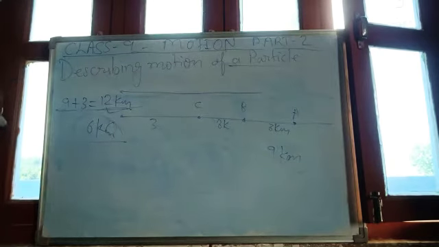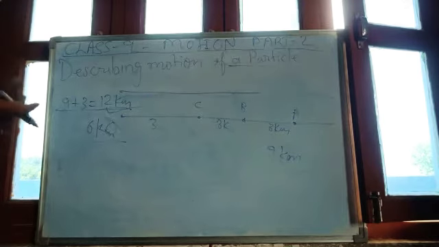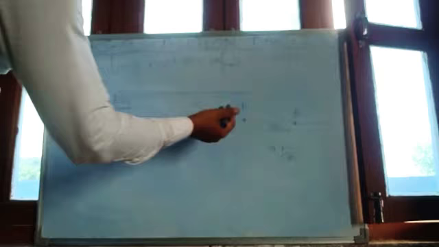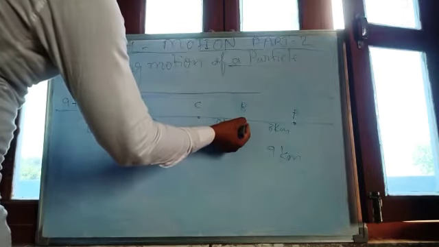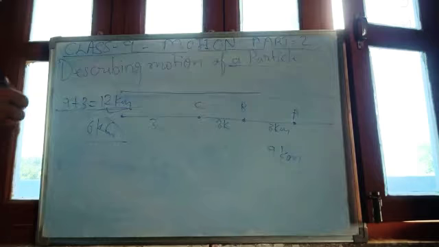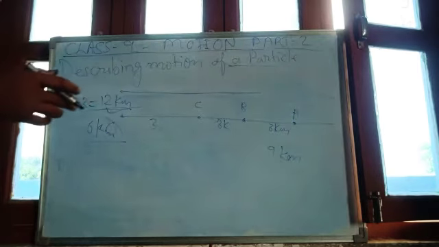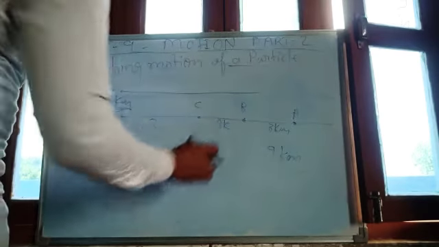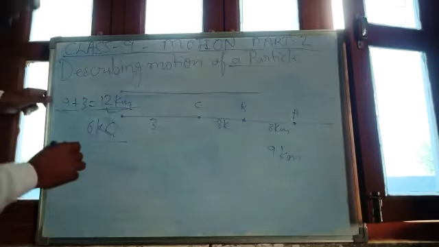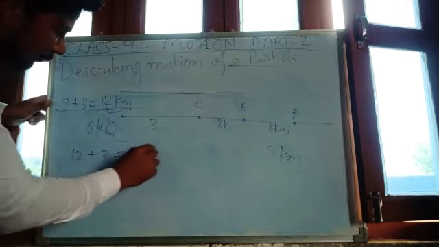For more explanation, let's take one more example. Let's suppose the particle resumes its journey from B to C. Now if I ask what is the total distance covered by the particle, 3 will be added again, so total distance will be 12 plus 3, meaning 15 km.